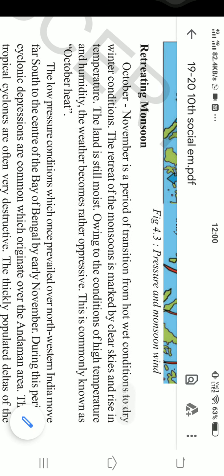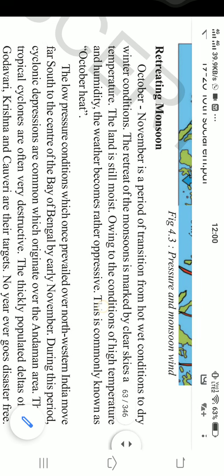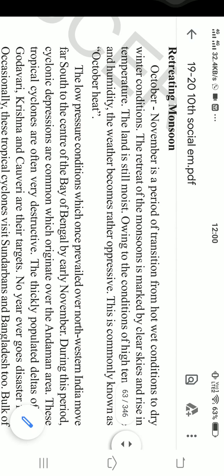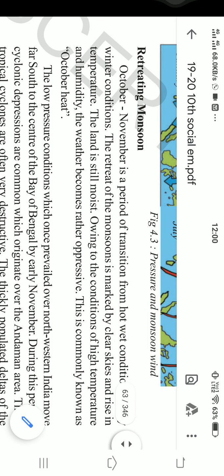Have you observed that in October, November, when you stand in assembly, you feel it is sultry and the sweat comes much more, right? This is because of high humidity and high temperature. What do we mean by high humidity? The water vapor present in the atmosphere is high. Temperature is also high.